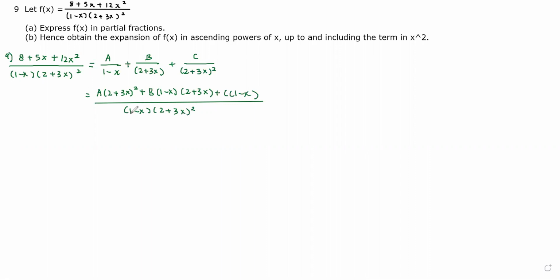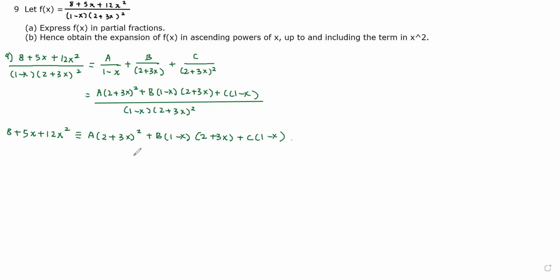The left and the right have common denominators, so their numerators must be equivalent. We say that 8 plus 5x plus 12x squared is equivalent to A(2 plus 3x) squared plus B(1 minus x)(2 plus 3x) plus C(1 minus x).